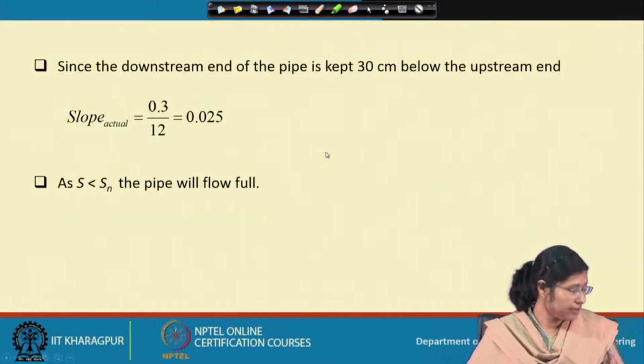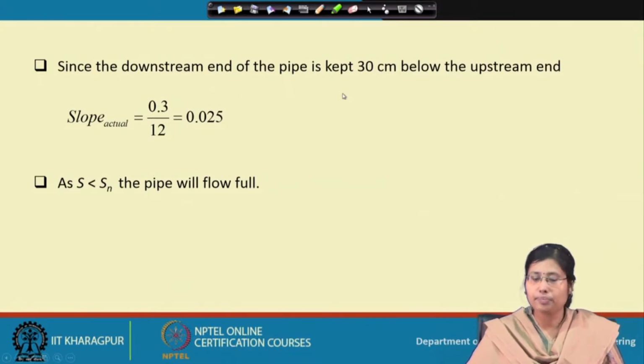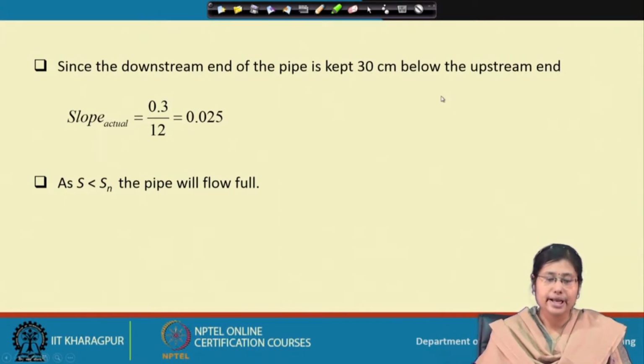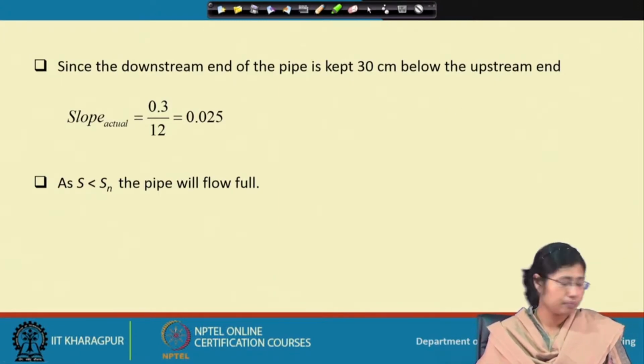Now, as given, the downstream end of the pipe is kept 30 centimeter below the upstream end. From that information we can directly compute the actual slope.